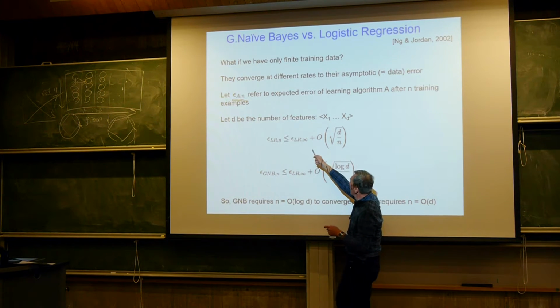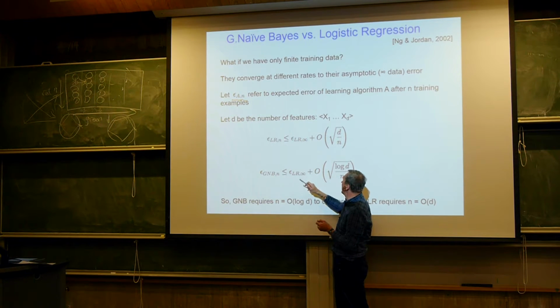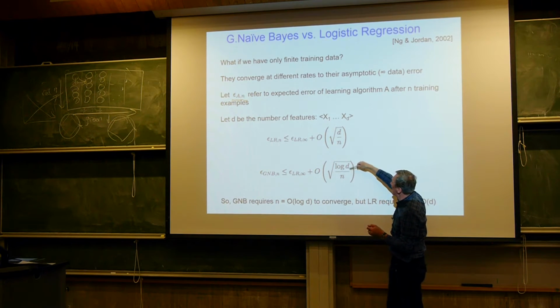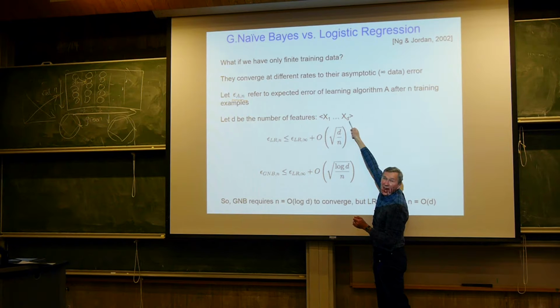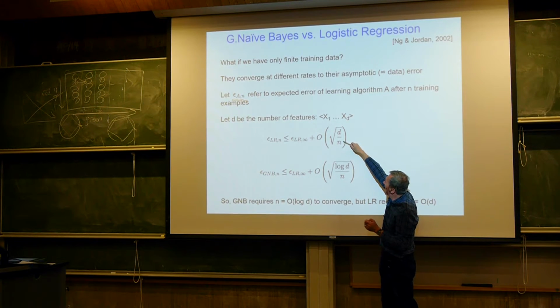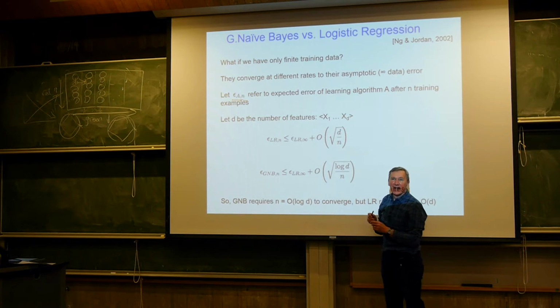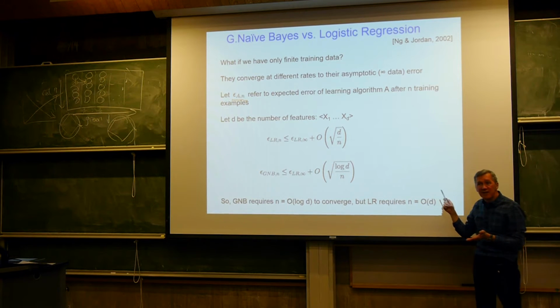And they're different from their expected errors when n approaches infinity by quantities that have a different order. So if D is the dimension of X, the number of X sub i's that I have, and N is the number of training examples, then you can see that this one will require roughly N equal to D examples to converge, whereas this one will require roughly N equal to log D examples.